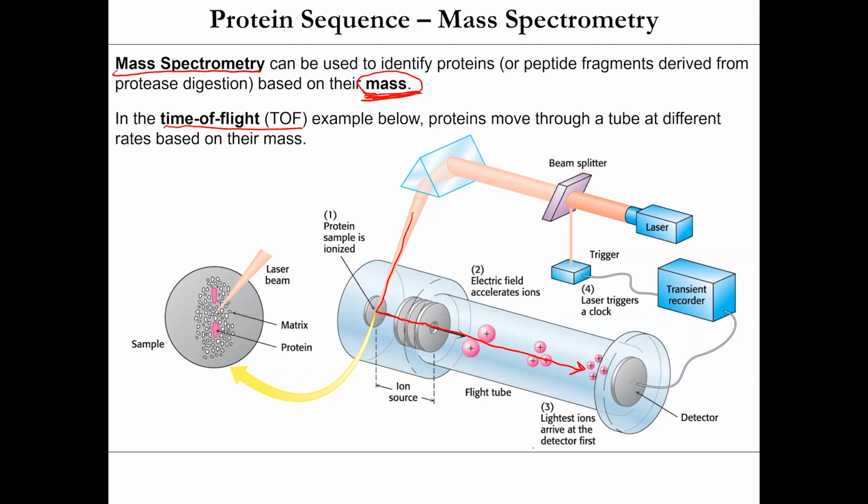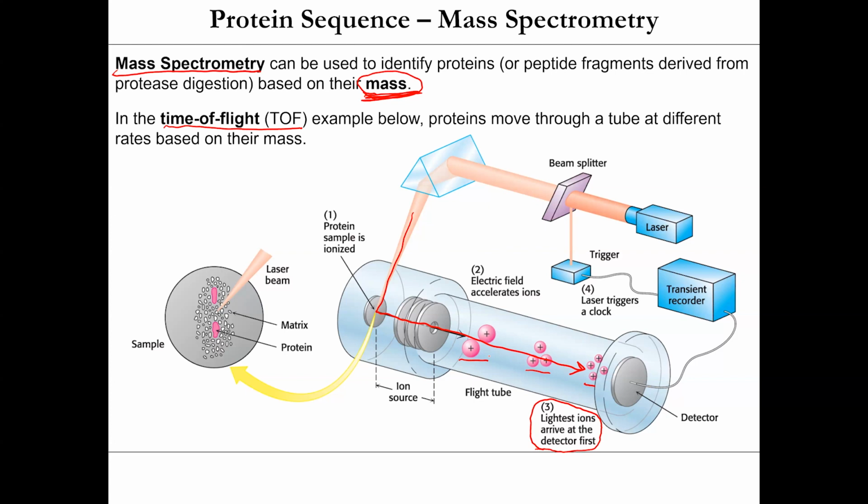The speed at which they move through that tube is going to be different based on their mass. So this is a very sensitive way to separate proteins based on their mass and to get very, very accurate determinations of the mass of a specific protein or a peptide fragment derived from a protein.